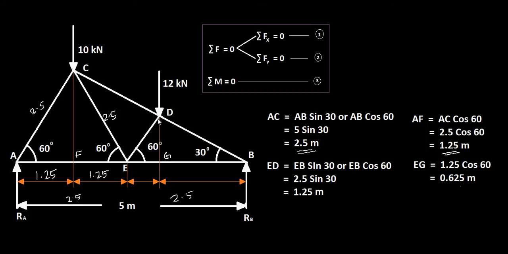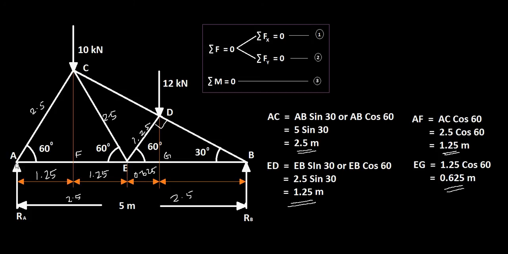And now if you consider the small triangle EDB here, again considering this as a right triangle, because as I said, this is 60, 30 and this will be 90. So ED will be EB cos 60 or EB sin 30, that is equal to 1.25. So this is going to be 1.25, and therefore EG will be ED cos 60, that is 1.25 cos 60, 0.625, and therefore this is 0.625.